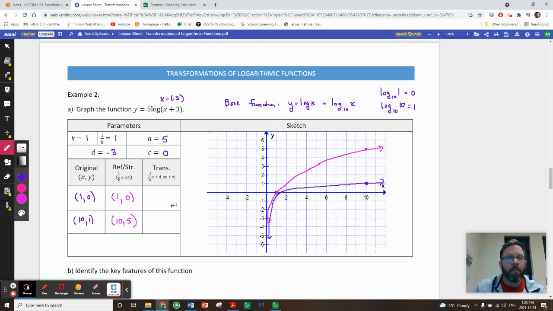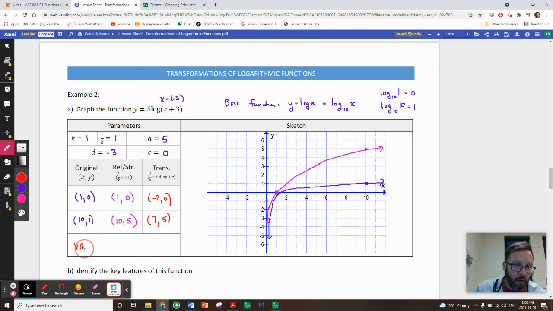Okay. And then we're translating left 3, so we'll be subtracting 3 from the x values. I'll just use red maybe for this one. So (1, 0) will go to (-2, 0). We're only doing a shift left. (10, 5) will go to (7, 5). And I'll maybe put this work down here.